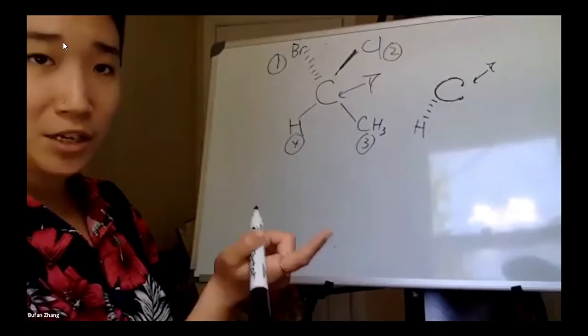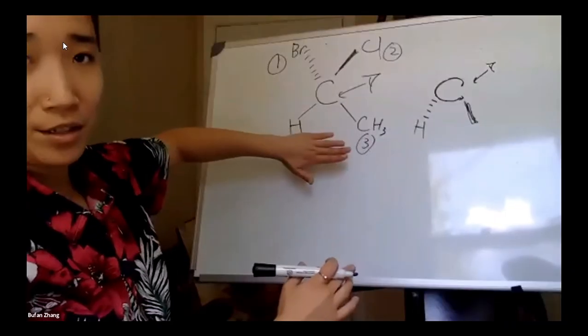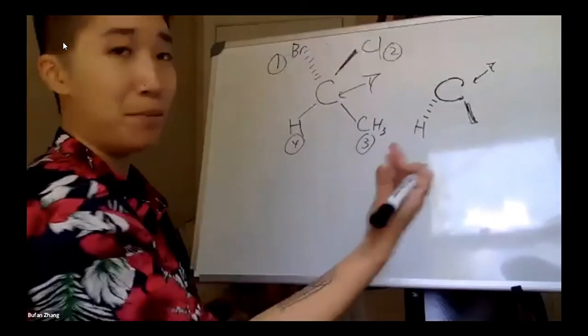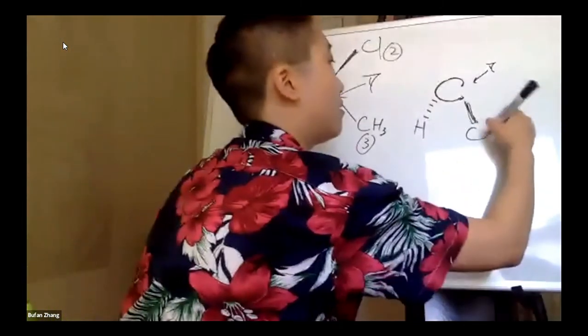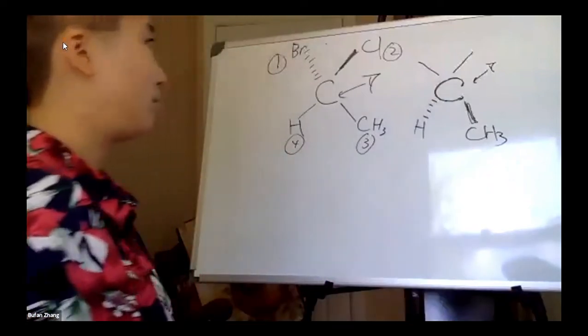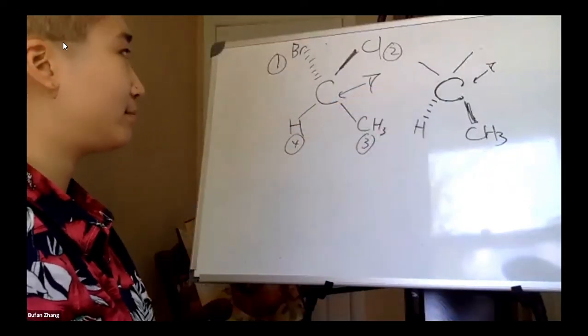CH3. Your CH3 is in the front, right? Because your H and CH3 are in the same plane. So if you move them like this, your H goes in, your CH3 must be pointing at you. So your CH3 is right here. What do I put on up here?